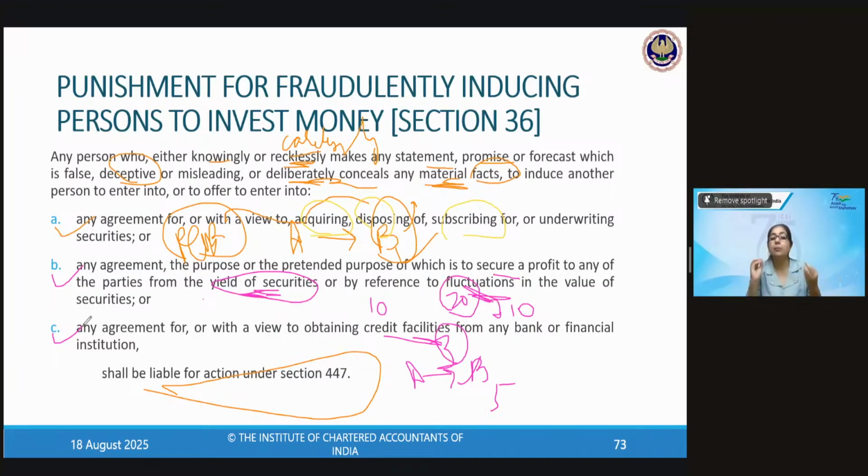In all these cases, the person who is making such false statements shall be held liable under section 447.